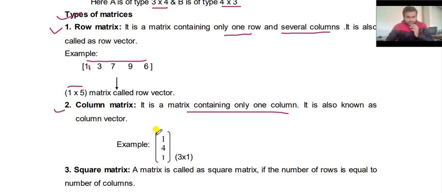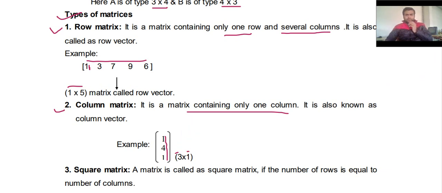So in this matrix you can see there is only one column, but the number of rows are 1, 2 and 3. So in order of matrix we write m into n. M is the number of rows, that is 3, and n is the number of columns, that is 1.